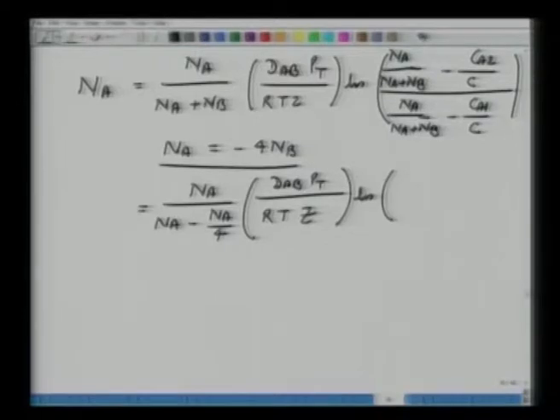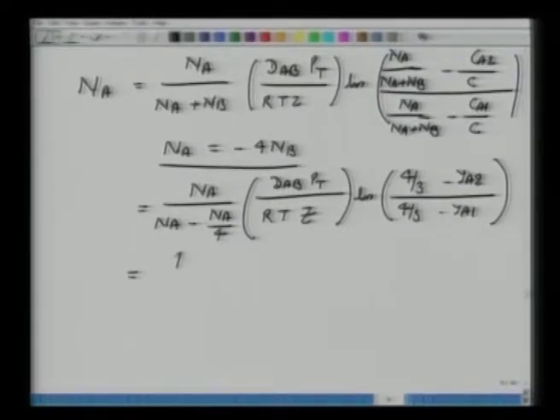If we substitute, we have now 4 by 3. Ca2 by C is nothing but the mole fraction at location 2, and we have 4 by 3 minus Ya1. So we have Na over Na minus 4 Na by 4, to make it 4 by 3.